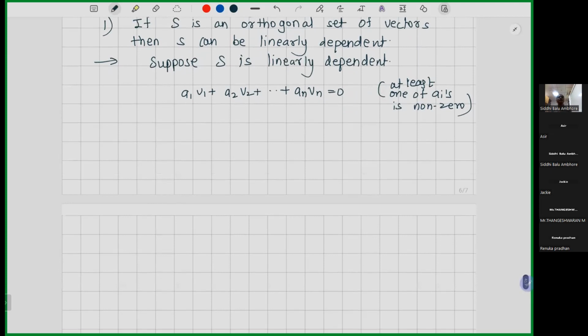This is true, right? This is the definition of linear dependence, that we get a non-zero linear combination which gives us 0. So suppose, without loss of generality, some ai is non-zero. Then I can very well write this vi in terms of the other elements.